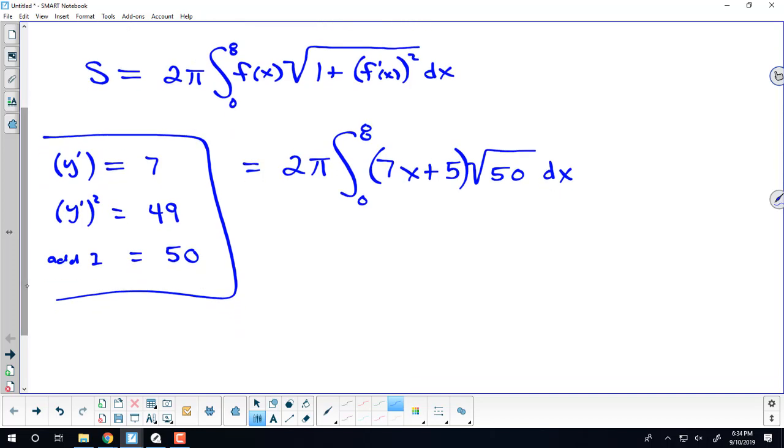So now the square root of 50 is constant. That's 25 times 2, so that's 5 times the square root of 2. Combine it with this to get 10 root 2 times pi. And then we're just integrating that linear 7x plus 5 dx.